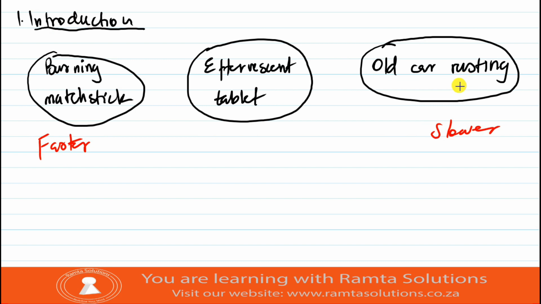I do understand that the effervescent tablet is a bit faster than your normal tablet, but if you burn your normal matchstick and dissolve an effervescent tablet in water, you will find that your matchstick is burning faster than your effervescent tablet dissolving in water, right?